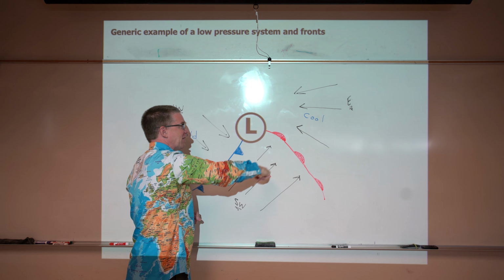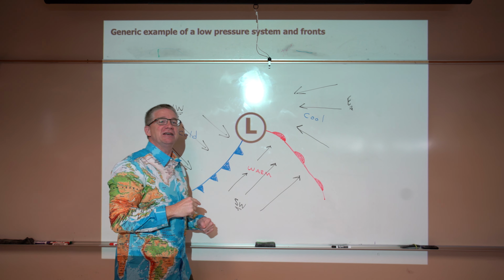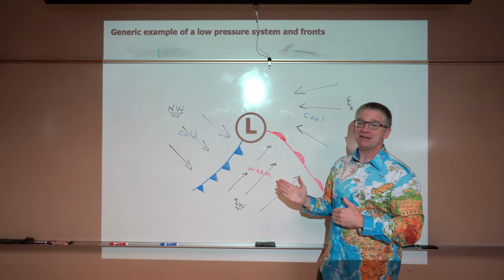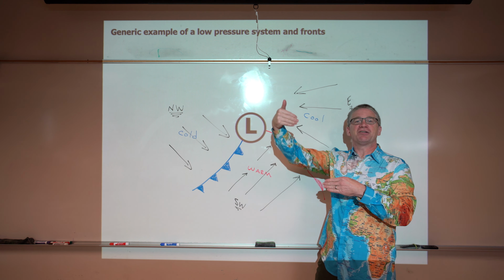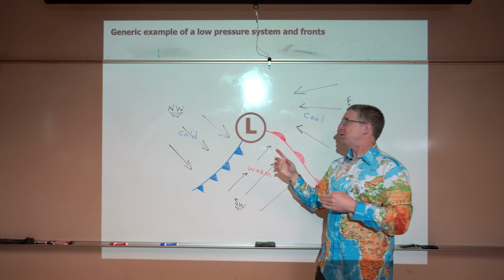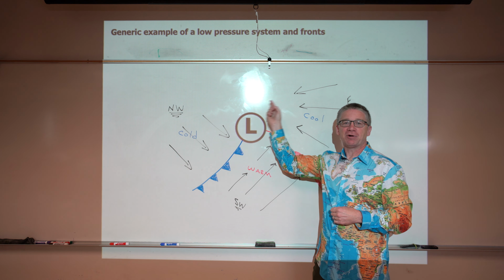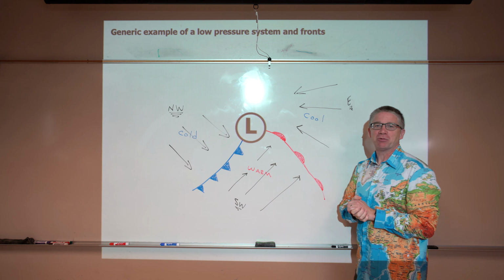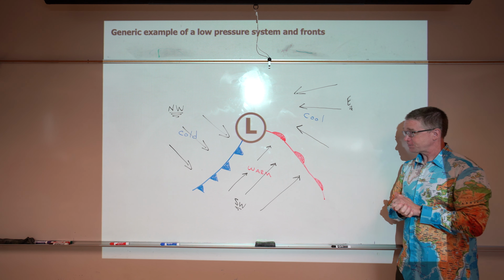There's an overall counterclockwise rotation with this. It's not maybe quite as smooth as we've drawn it before, because what we're going to find is it has these distinct changes in wind direction. But the overall flow is still counterclockwise. So we haven't broken that rule that we talked about, or that bit of information that we relayed earlier in the class.